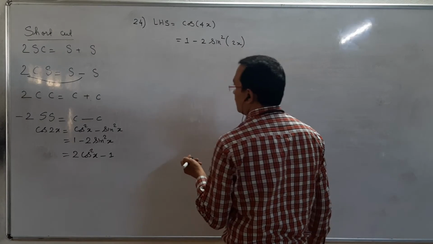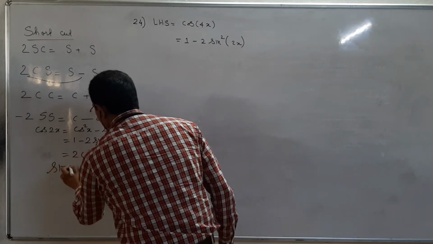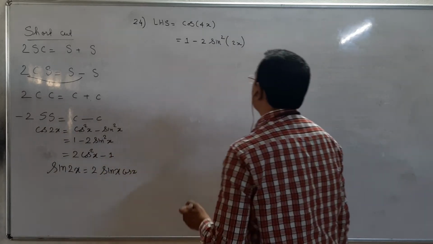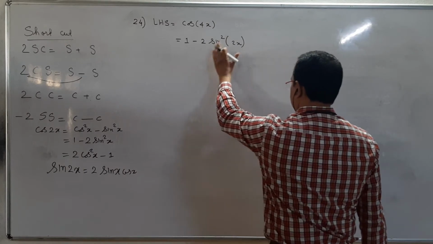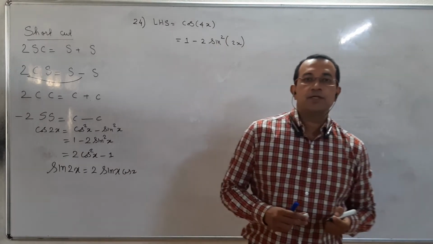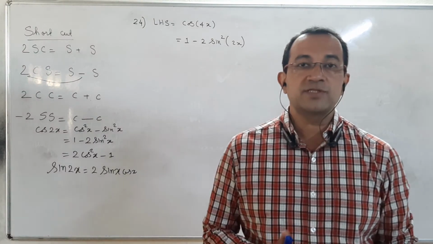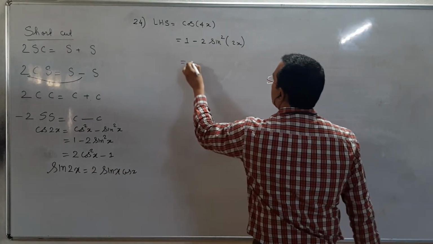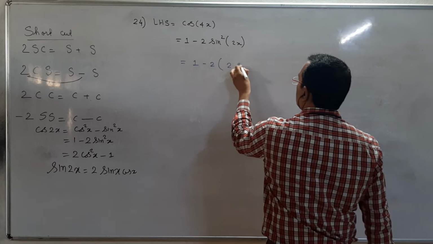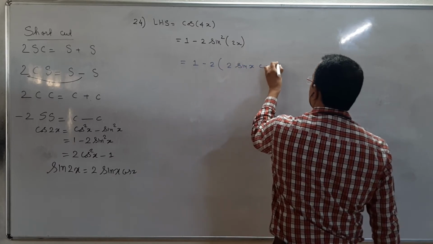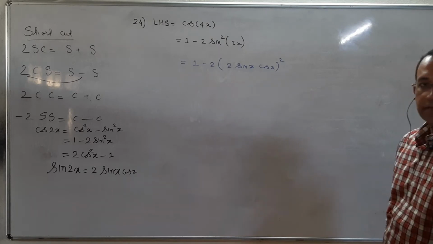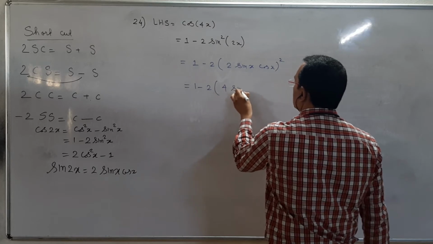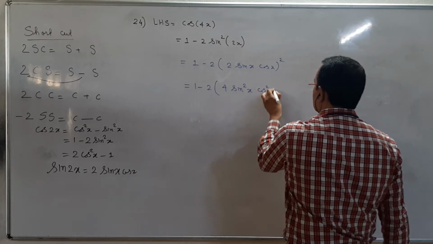Now we have already studied the formula of sine of 2x, which is 2 sin x cos x. Further, my answer is required in terms of sine and cos. So I write this as 1 minus 2 into bracket 2 sin x cos x the whole square. This gives us 1 minus 2 into 4 sin square x cos square x.